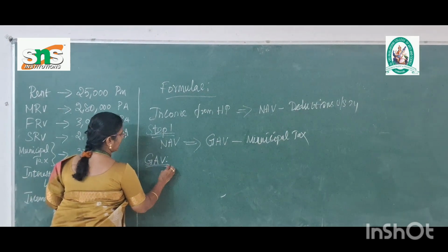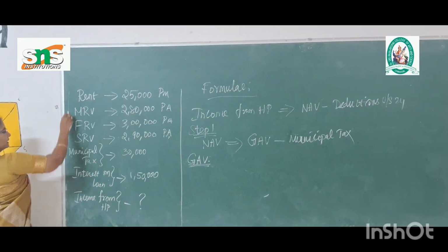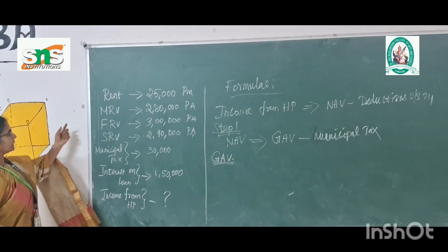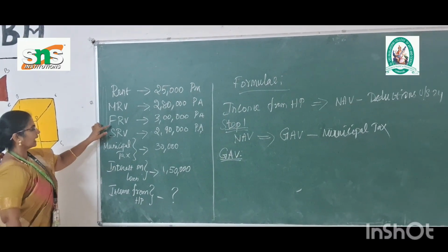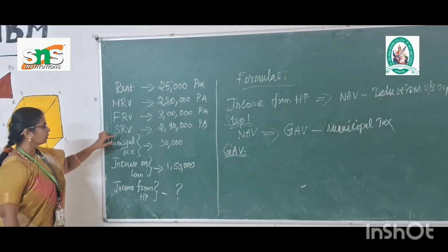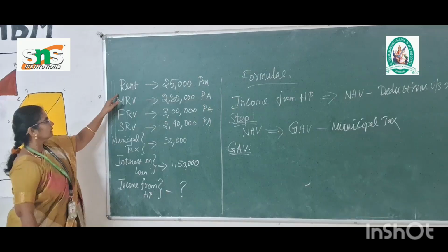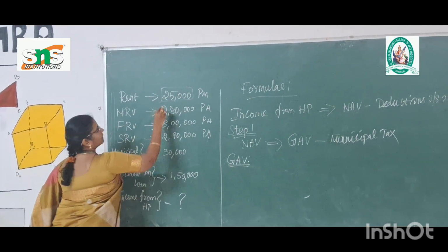To find this GAV, we have to consider these rental values. The first one is MRV, that is municipal rental value, then FRV, fair rental value, then SRV, that is standard rental value, then the rent per month is given.